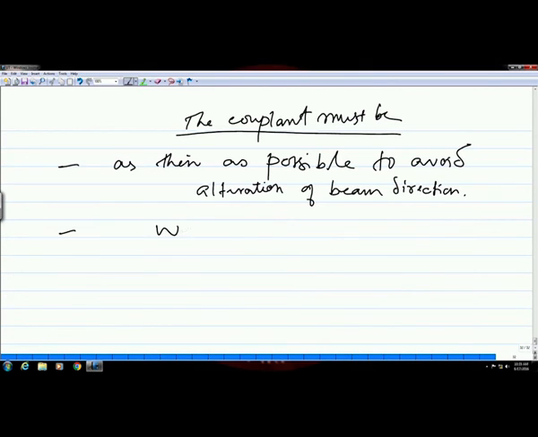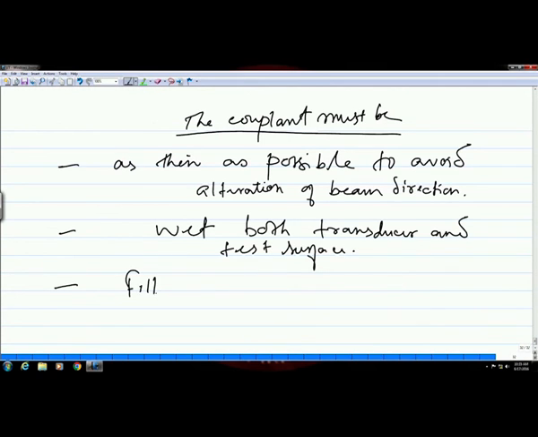Then it should wet both the probe surface as well as the sample surface. So, it should have good wetting or good spreading property. Then it should also be able to fill the small irregularities that you might have on the surface of the sample, so that it can provide a smooth surface for the probe to move on.